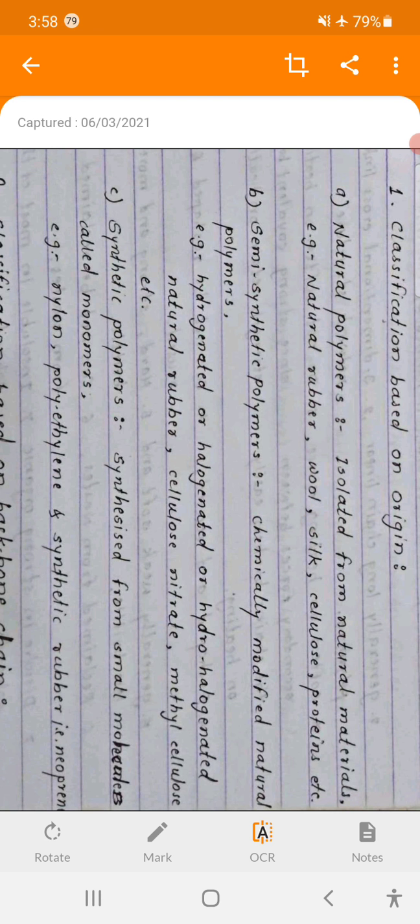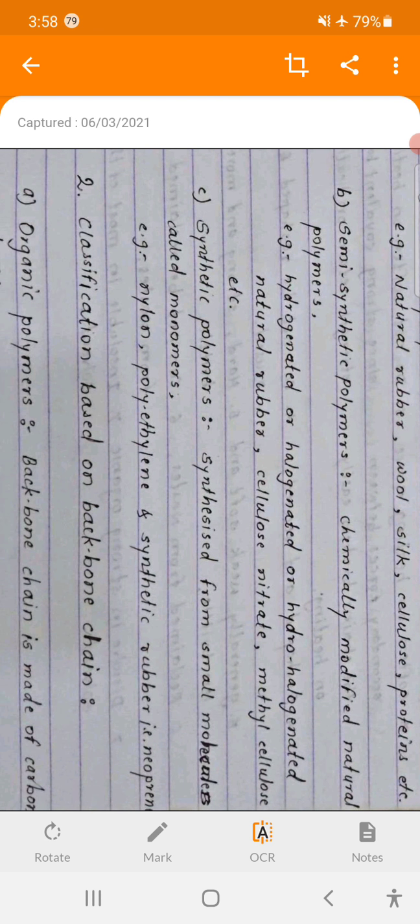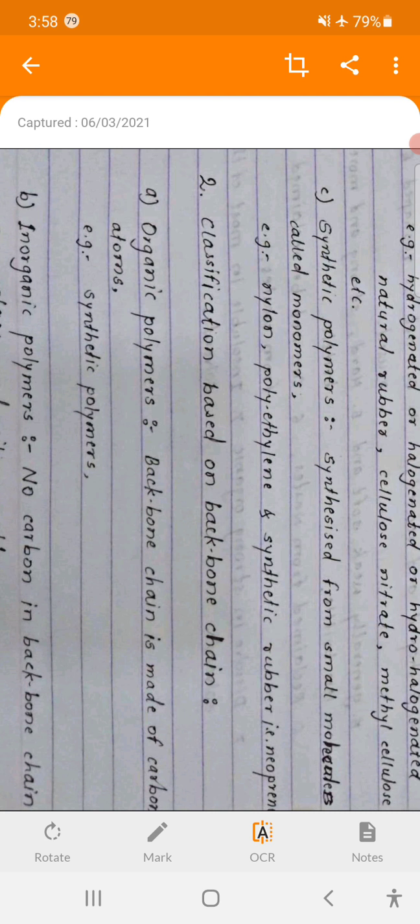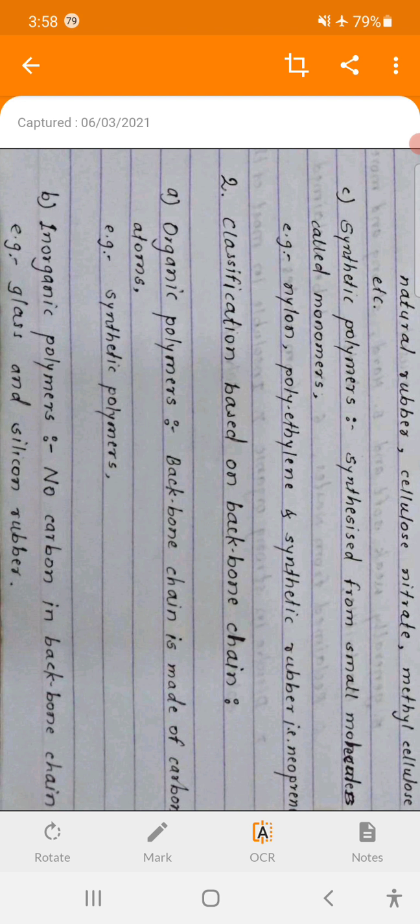Then synthetic polymers are 100% synthesized in laboratories, with no natural source, therefore they are completely synthetic. For example, nylon, polyethylene, these are such types of polymers.